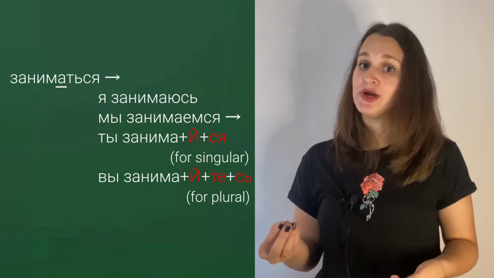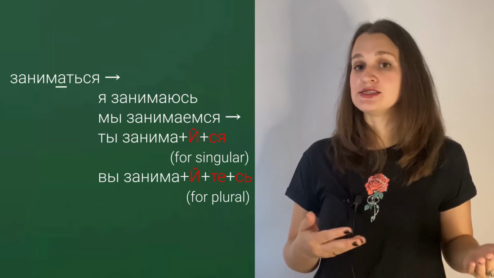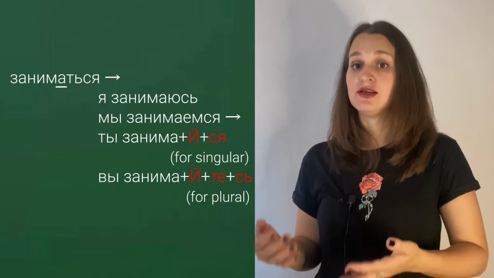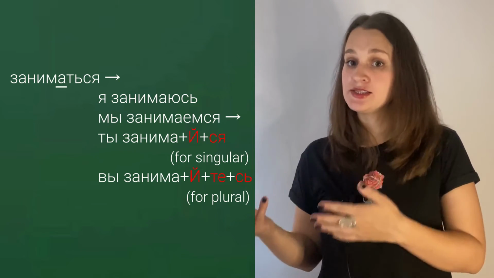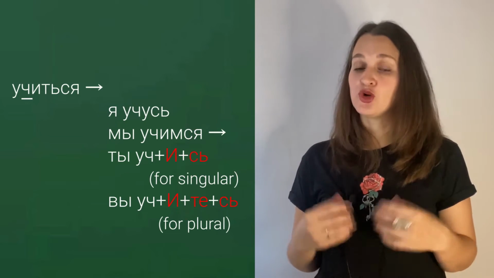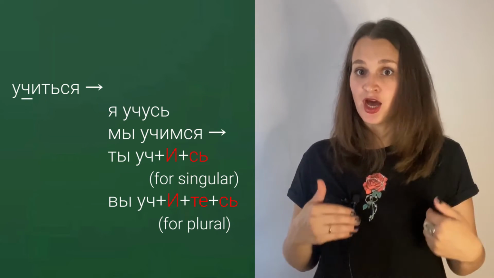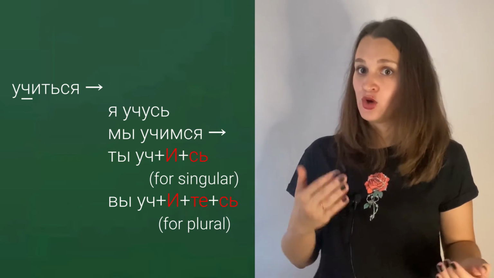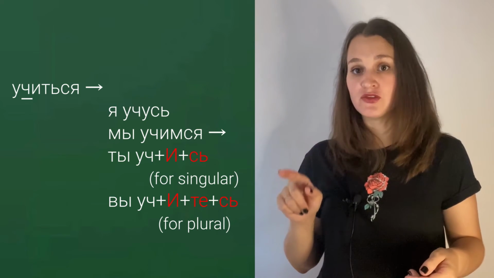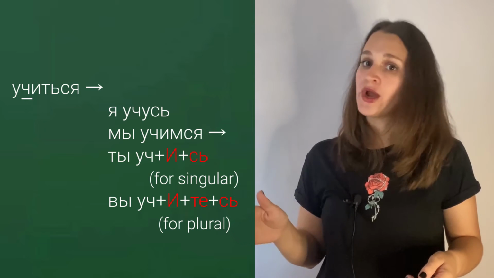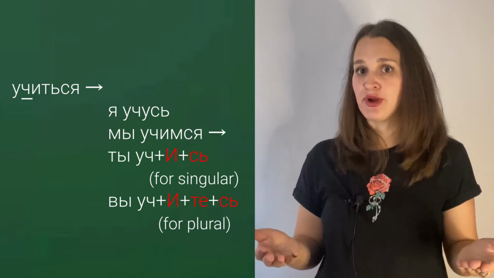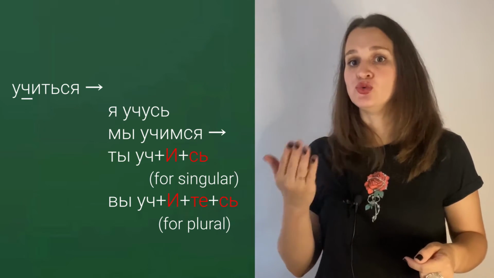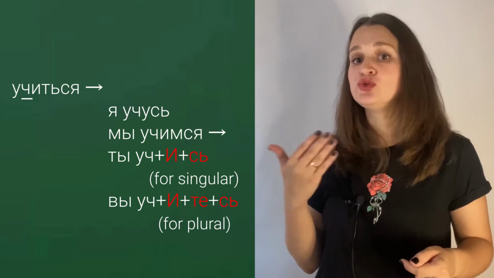That's why the imperative will be ты занимайся, вы занимайтесь. The next is the verb учиться. Я учусь, мы учимся. Учусь, the stress is on the ending. We throw away the ending and the imperative will be ты учись, вы учитесь.